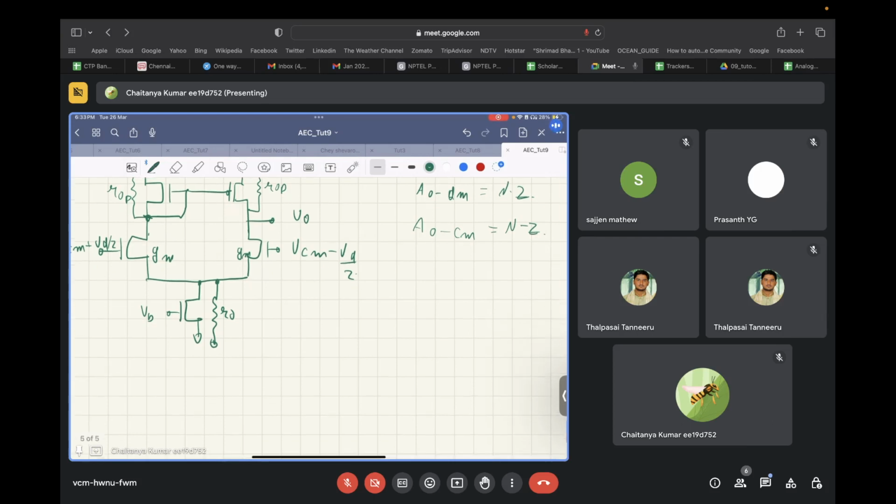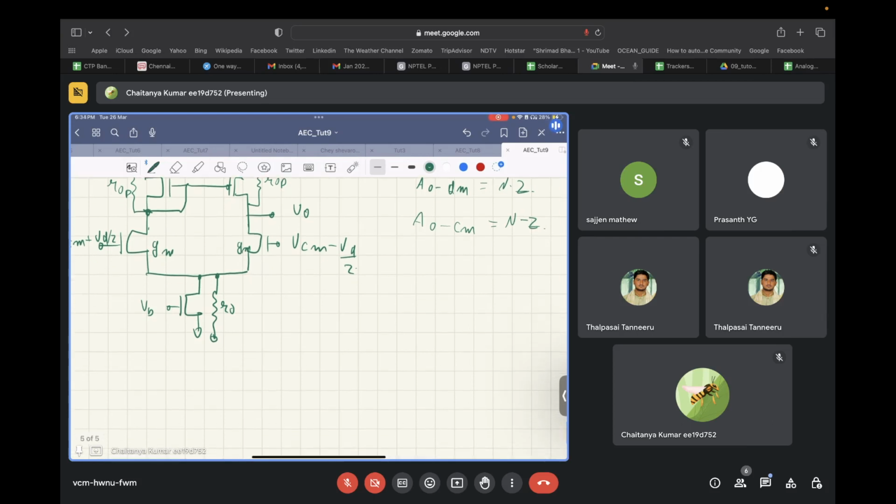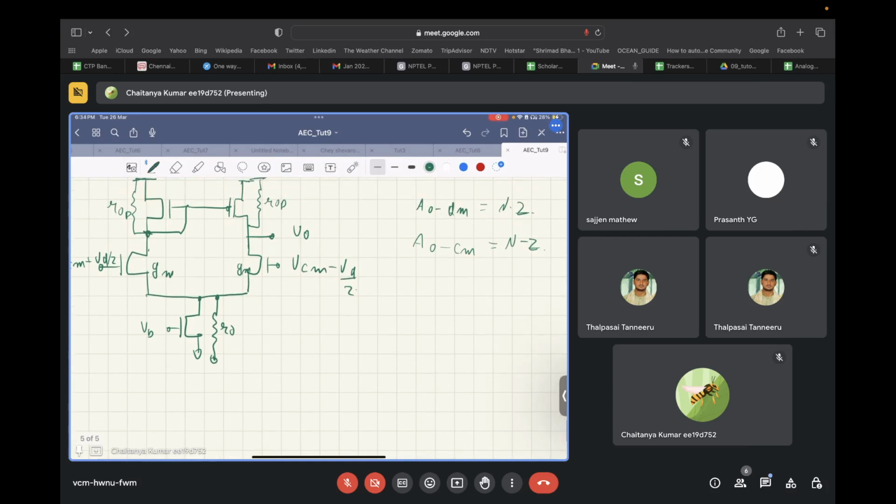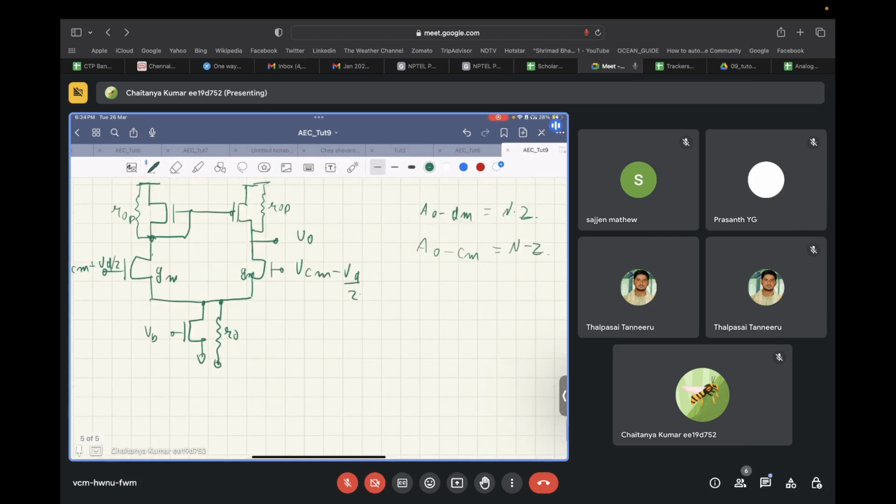Okay, so what you will do is, first of all, let's find out the output to differential mode gain.